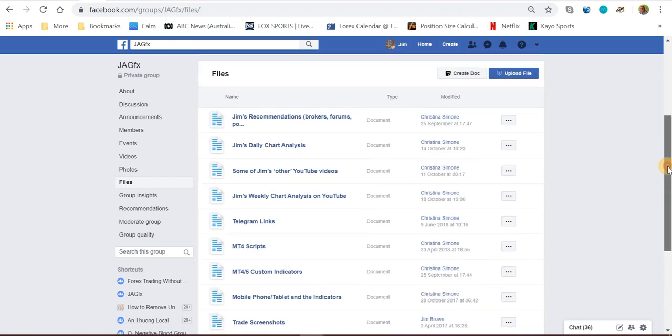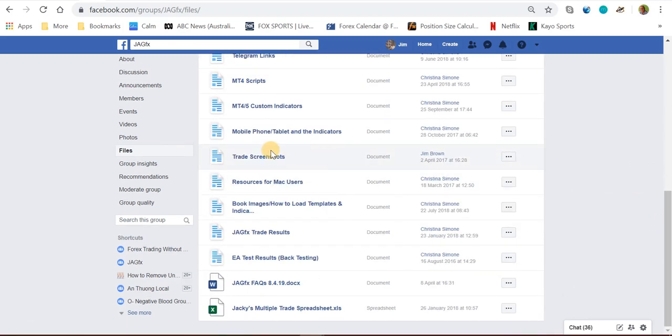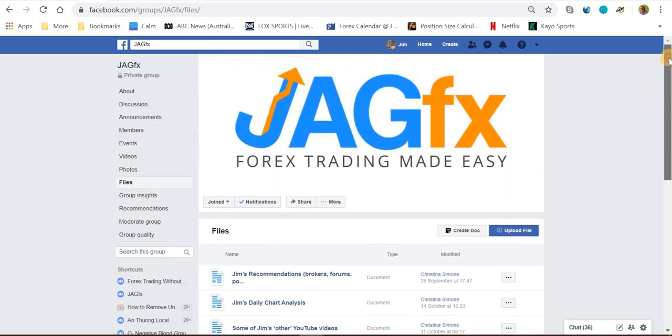What else we got? Recommendations, links to some other videos, trade screenshots, which I post every day just about. They go to a shared folder where you can access them from a couple of years ago. JAGfx trade results, FAQs, multiple trade spreadsheet, etc. So it's all there. Just a matter of going in and having a dig around, have a look around.